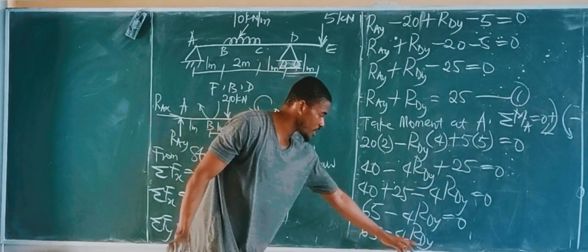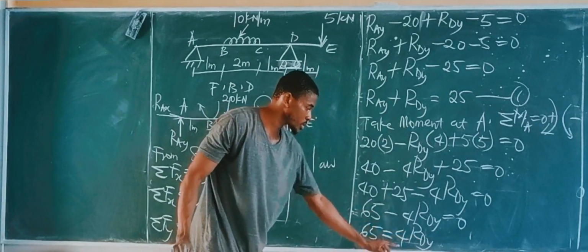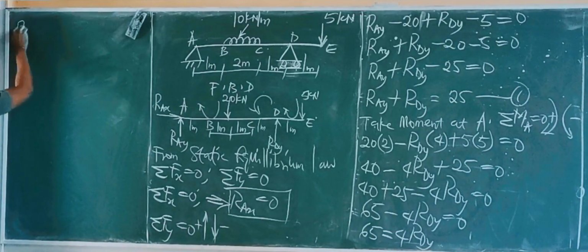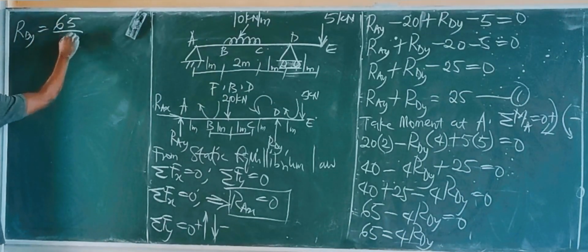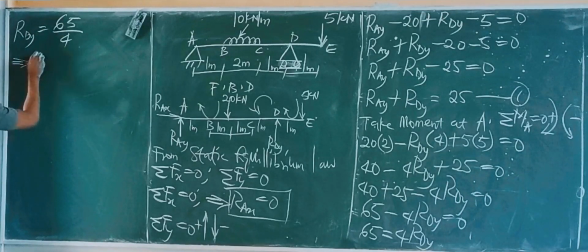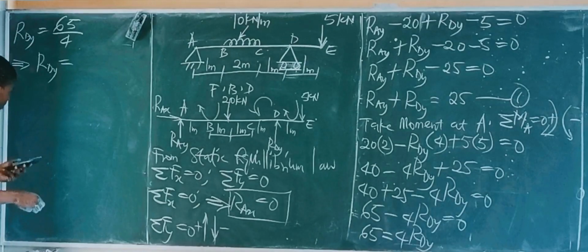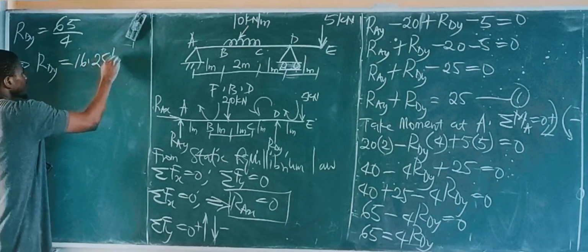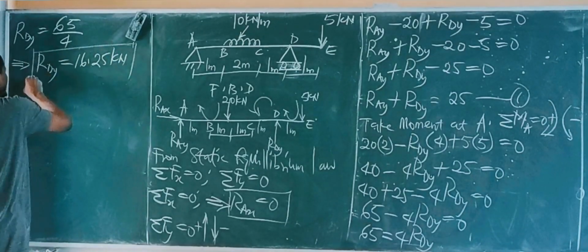To make RDY the subject, divide both sides of the equation by the coefficient of RDY, which is 4. So therefore RDY is 65 divided by 4, which implies that RDY is equal to 16.25 kilonewtons.